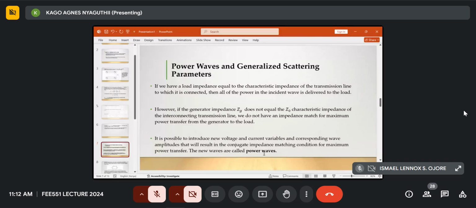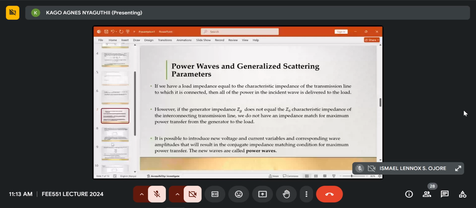So these power waves come in to help attain the maximum power transfer. It's possible to introduce new voltage and current variables and corresponding wave amplitudes that result in conjugate impedance matching conditions. This is what we use so that you can get the maximum power transfer in these situations.